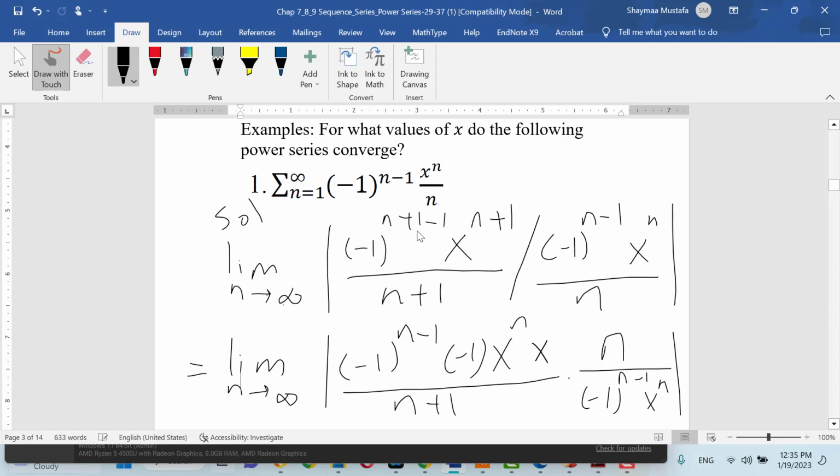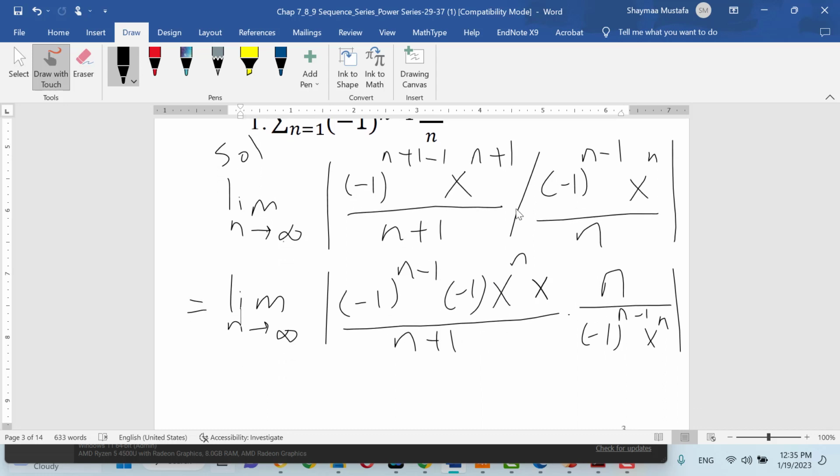Minus 1 to the power n plus 1 becomes minus 1 to the power n times minus 1. x to the power n plus 1 is x to the power n times x, over n plus 1. The division is converted to multiplication, and we flip this one, so we have n over minus 1 to the power n minus 1, x to the power n.